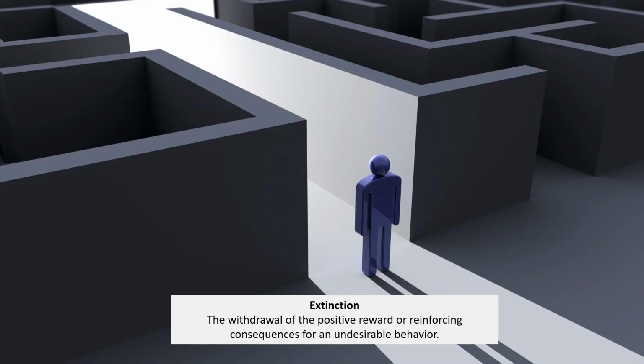The third one is extinction, or the withdrawal of the positive reward or reinforcing consequences for an undesirable behavior. If you keep on doing that, we are going to ignore you. We won't give you any reward, we won't give you anything.